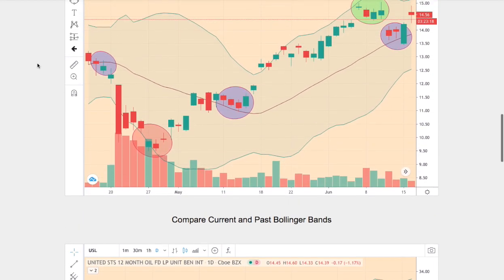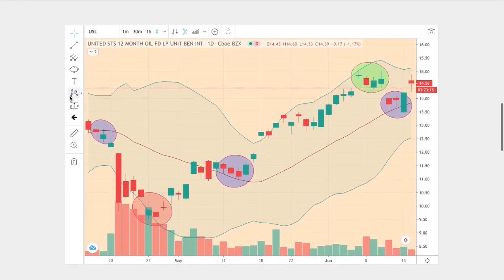So let's begin comparing both charts. On the current trend, we start off at the middle Bollinger Band, proceed to drop lower, touch the bottom band, revert back to the mean at the middle band, and towards the end we touch the upper band, and then once more touch the middle Bollinger Band.